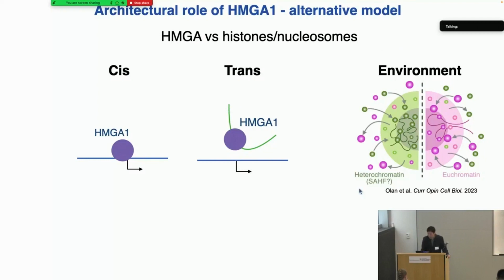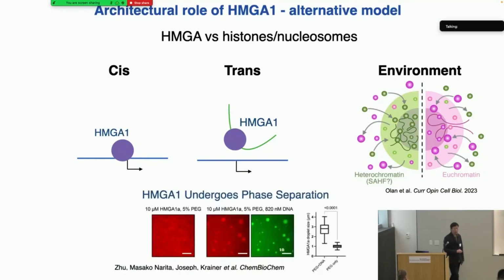This is very consistent with the idea of phase separation, for which we only have evidence in vitro so far. But the take-home message, right? HMGA1 may be as important as nucleosomes or core histones. Another layer of gene regulation, indirectly, not directly.